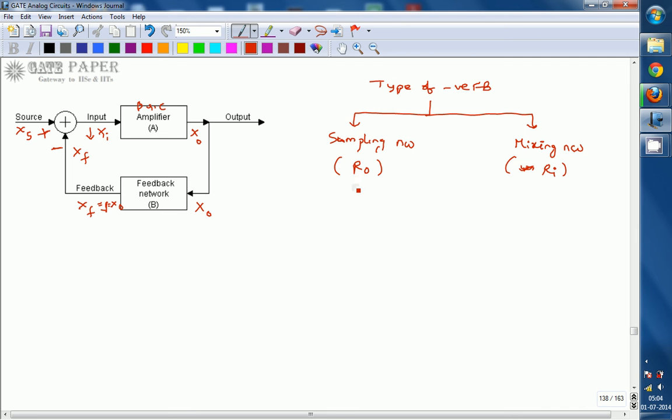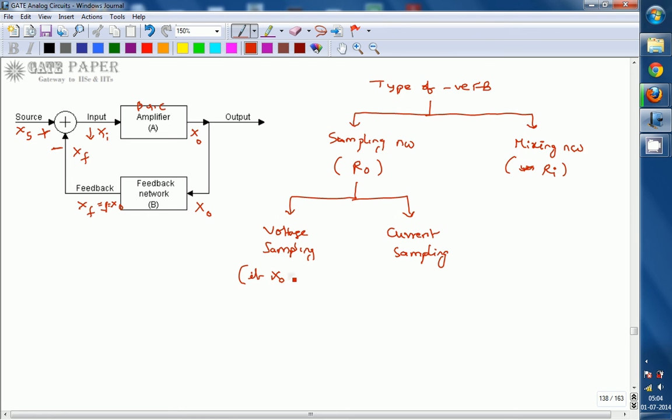Sampling is of two types: voltage sampling or current sampling. It is decided by whether the output signal is voltage or current.